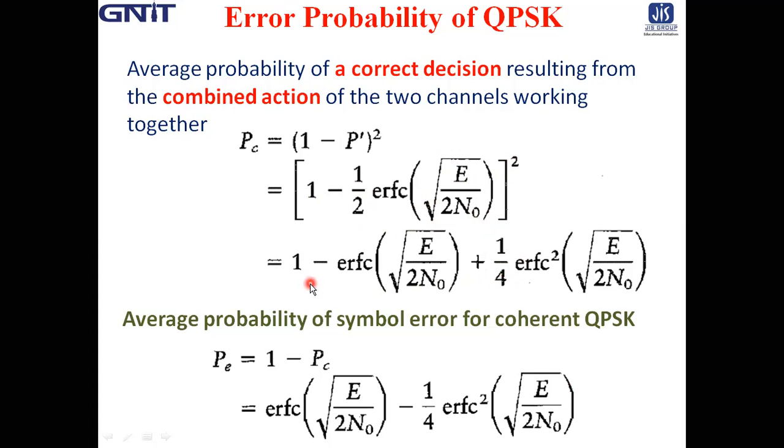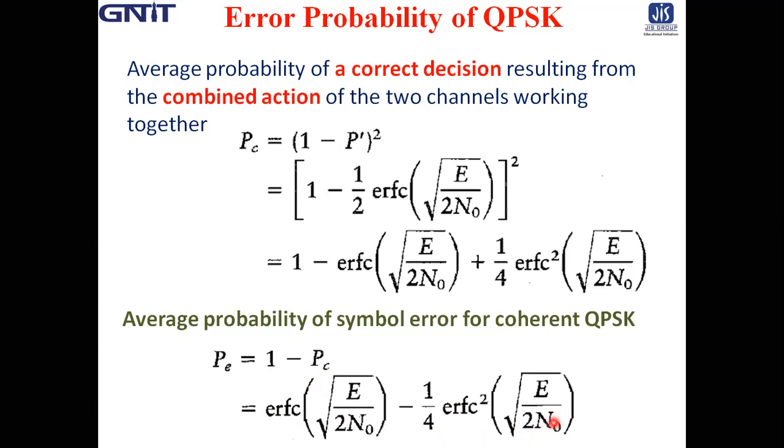So it now becomes 1 minus erfc square root of E by 2 N0 plus 1 by 4 erfc squared of square root of E by 2 N0. So the average probability of symbol error for the coherent QPSK system is PE equal to 1 minus PC. That now becomes erfc square root of E by 2 N0 minus 1 by 4 erfc squared square root of E by 2 N0.